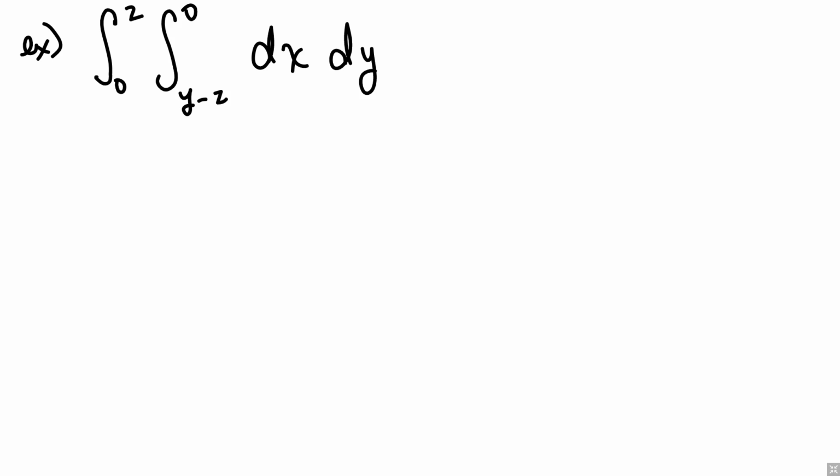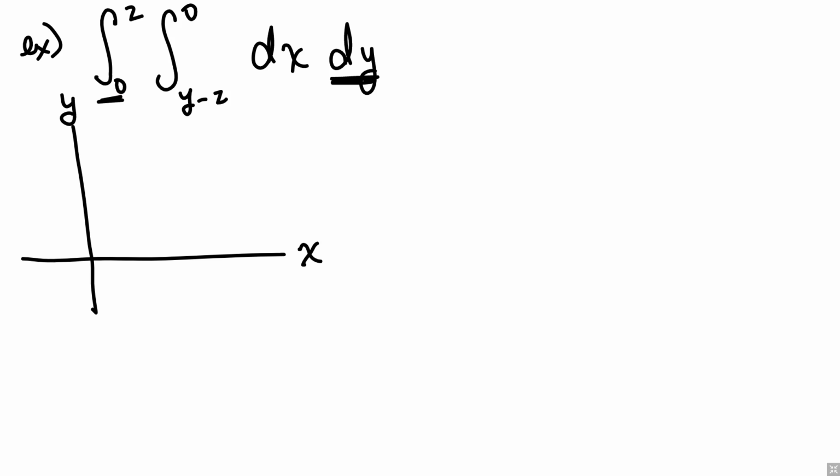Okay, so what we're going to start off with first is we're going to graph the region. Okay, so here's x, here's y. Now, since y is second, that means y is running from 0 to 2. So starting off at 0, then 1, 2 is where we're going to end.